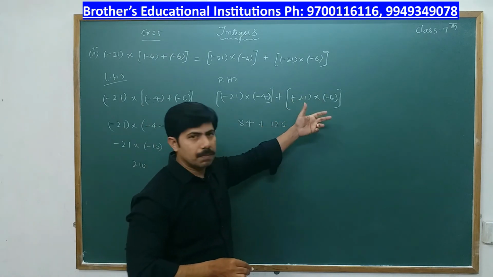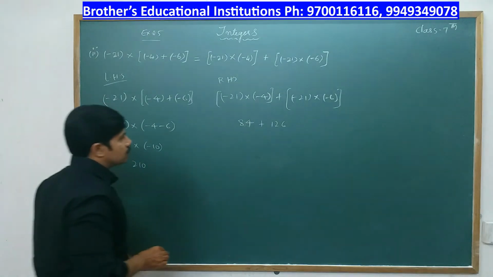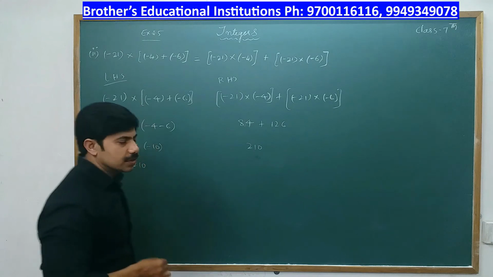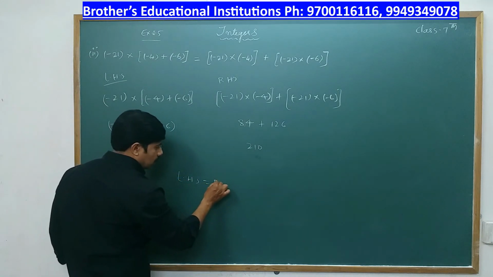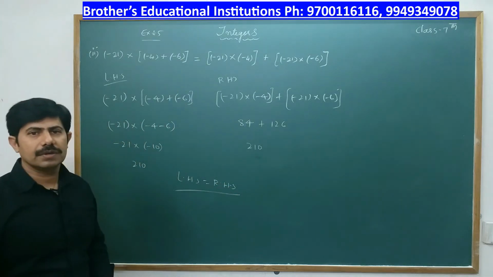Minus into minus is plus. So we need to add 84 plus 126, that is nothing but 210. So here we get LHS is equal to RHS. So we say the statement is verified.